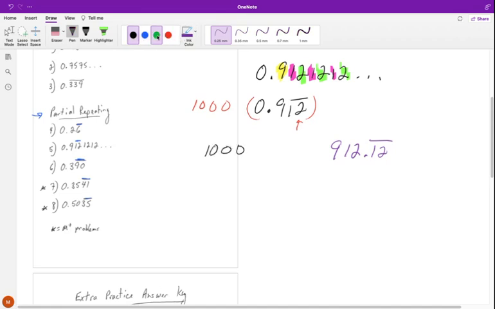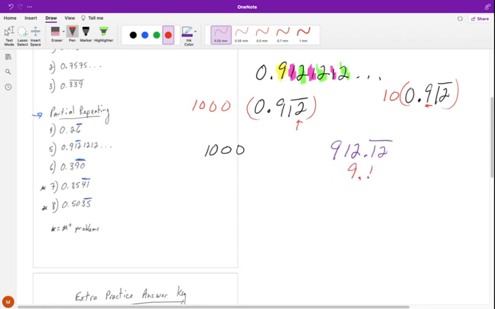And then I look and say, okay, if I just subtract 0.912 repeating, nothing lines up. So I can't just subtract down. I need to manipulate it one more time to make sure that my repeating decimals align. So then I look and see, okay, well, where's that non-repeating part? Well, the non-repeating part is here, just the tenths. So I multiply it by 10.